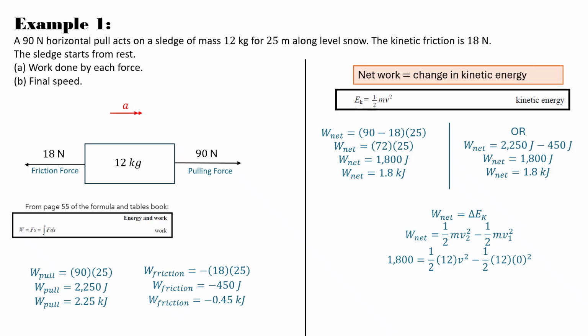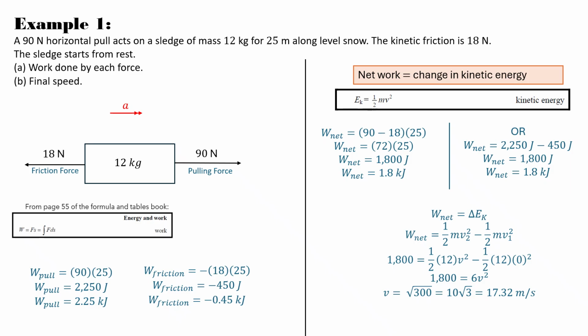We know that it's a 12 kg mass, and then we're just going to work with this. So we get 6v squared is equal to 1800, so v squared is equal to 300. So v is equal to square root 300. You can leave that in surd form or bring it back to decimals, which works out at 17.32 meters per second.